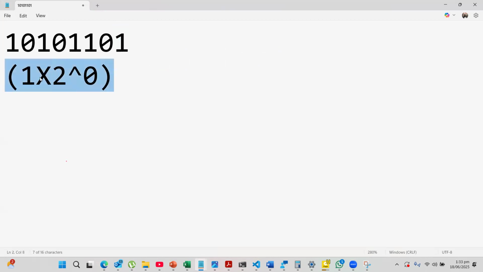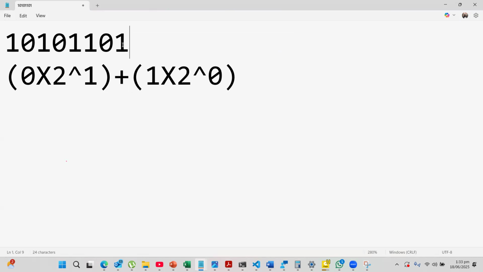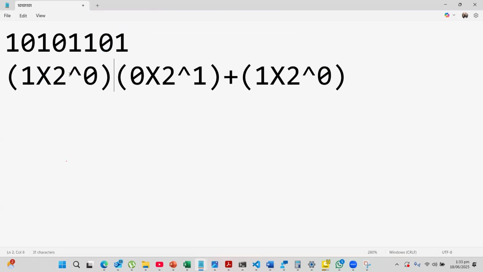The next one is me having 1 times 2 raised to the power 1. And here would be 0. And they will be added together. So I'm done with this one, this is for this, and this one here is for that. I'm coming to the next one.